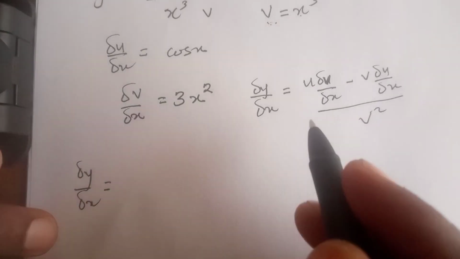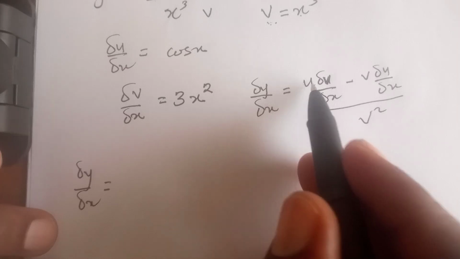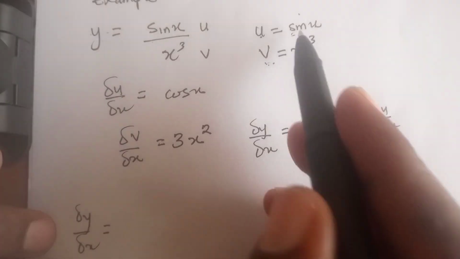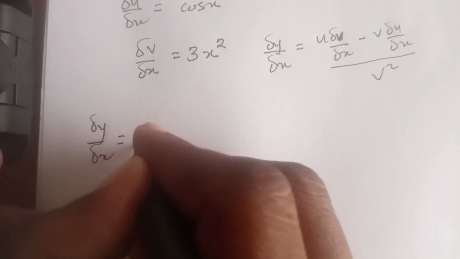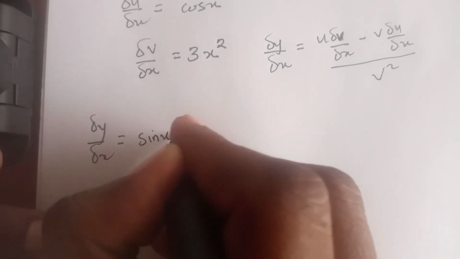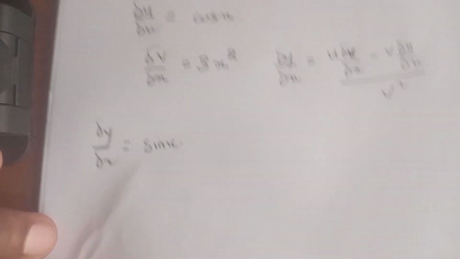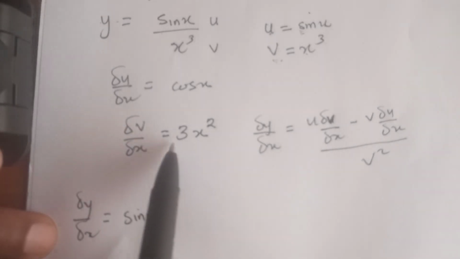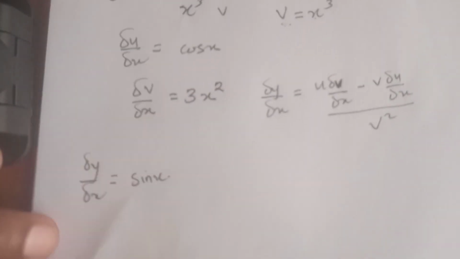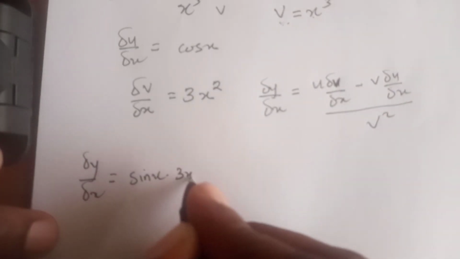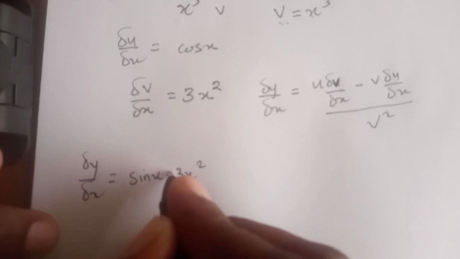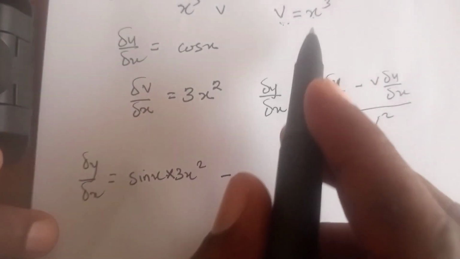What is u? U is sine x. So write sine x times dv dx. What's dv dx? dv dx is 3x squared. Put it inside, 3x squared, with multiplication. Then minus v.